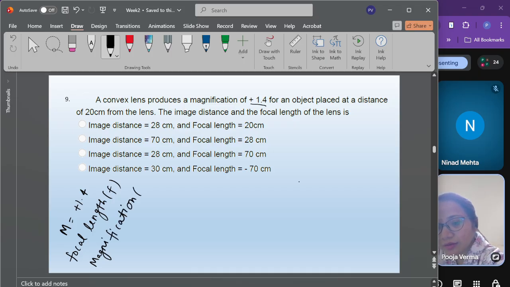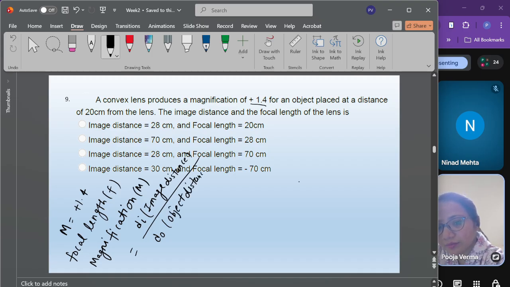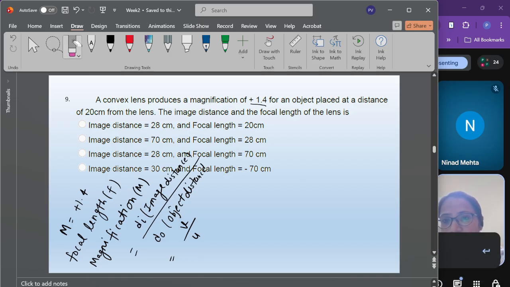The formula for the magnification M is, you can use either di by du, where di is the image distance and du is the object distance, or you can also represent it by v by u.